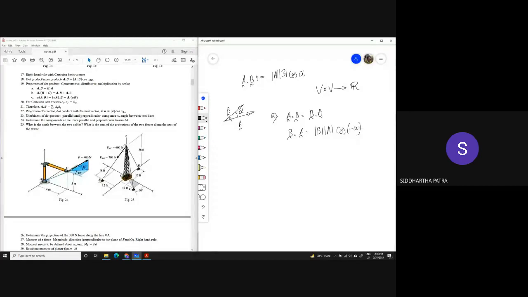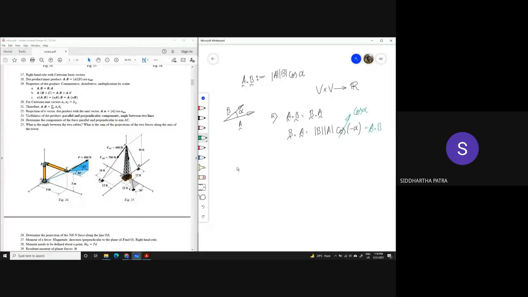If the angle between A and B is alpha, then between B and A it should be minus alpha. But cos of minus alpha is cos alpha, and therefore this is essentially A dot B.